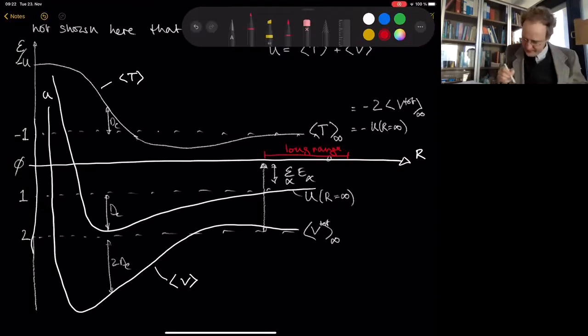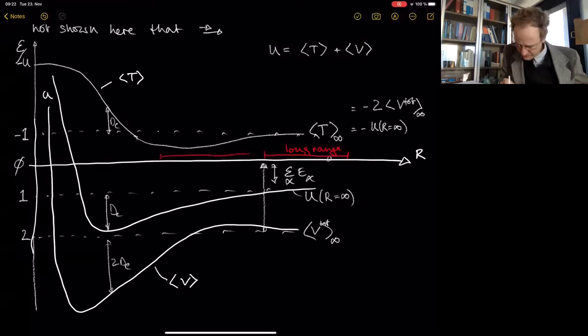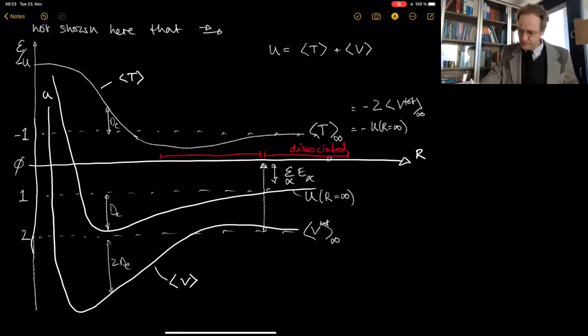So we have this interesting intermediate range. Oh, I'm sorry again. This is not the long range. This is the dissociated regime. And this is the long range.